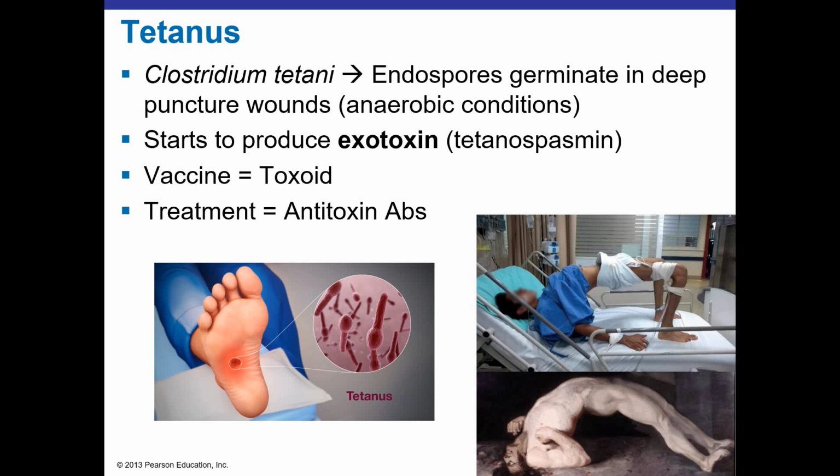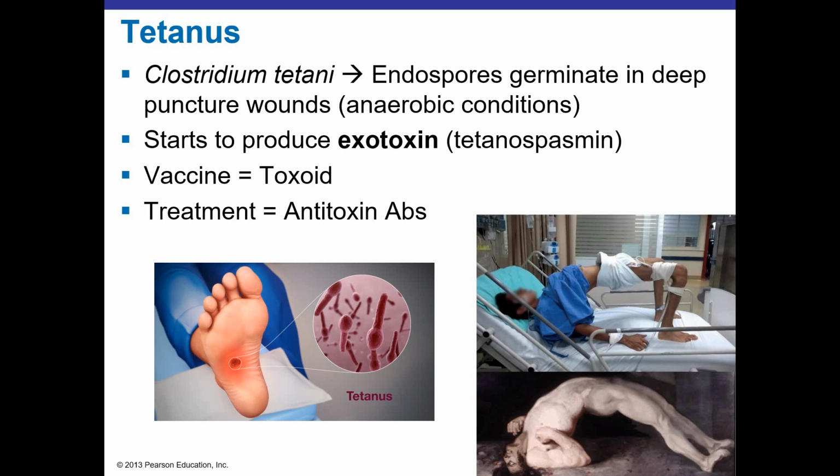An example of this would be tetanus. Clostridium tetani, remember, is the gram-positive rod that forms endospores. When someone gets tetanus, they usually get a deep puncture wound, and then the endospores are able to enter that wound. Those types of wounds usually heal from the outside first, forming a nice anaerobic environment, and then the endospores germinate within that deep puncture wound.